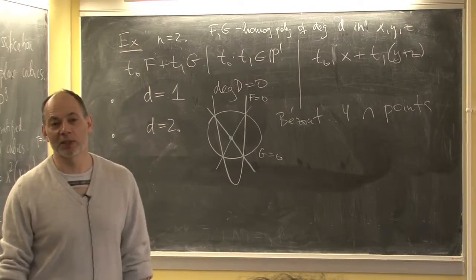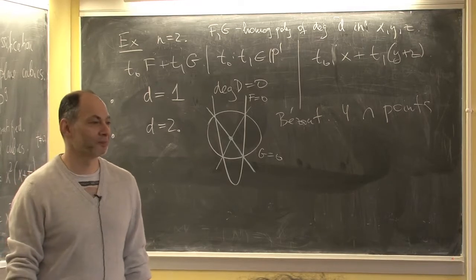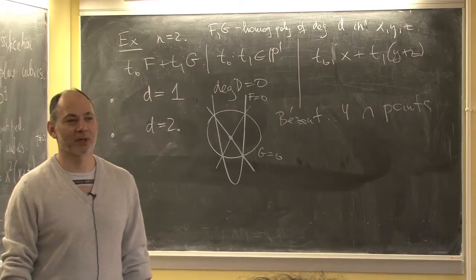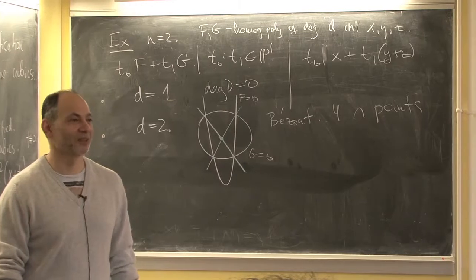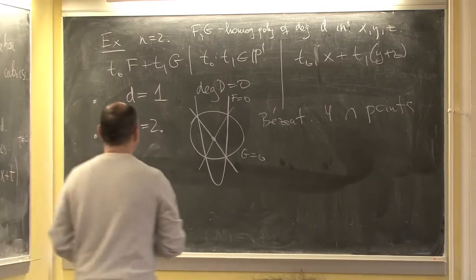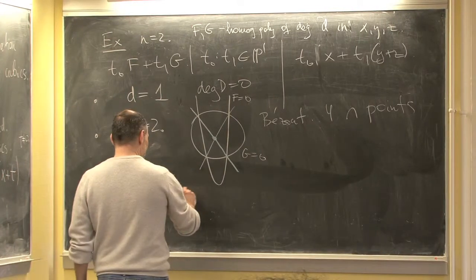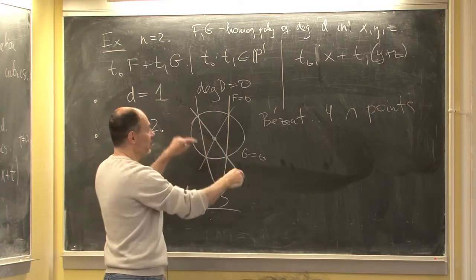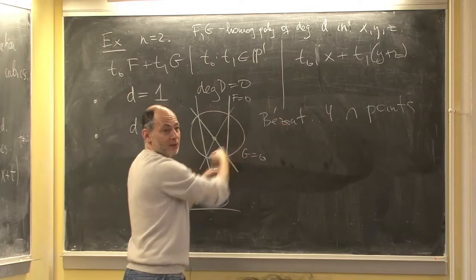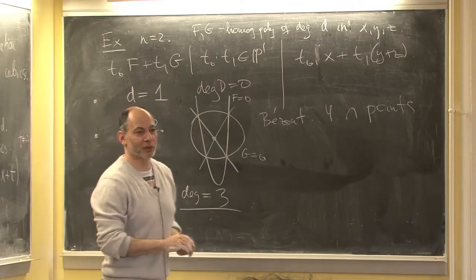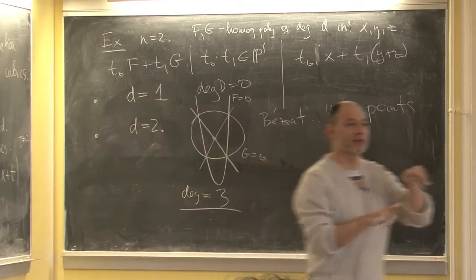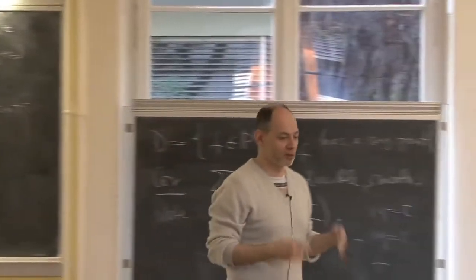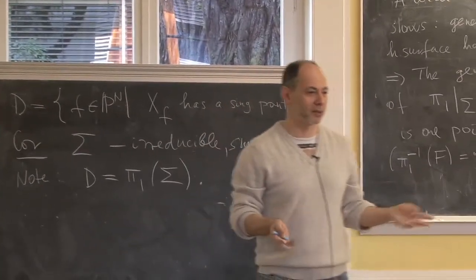So how many singular quadrics are there going to be in this pencil? Now this is a combinatorial question. 3, that's right. It's just all pairs, because I can also do this, and there are 3 ways of dividing 4 points into 2 pairs, right?